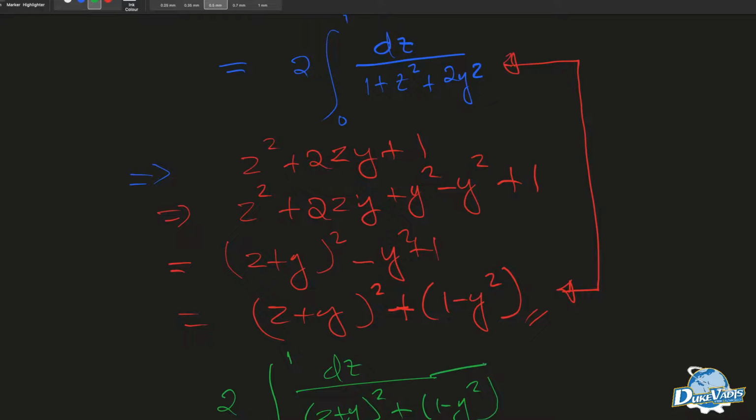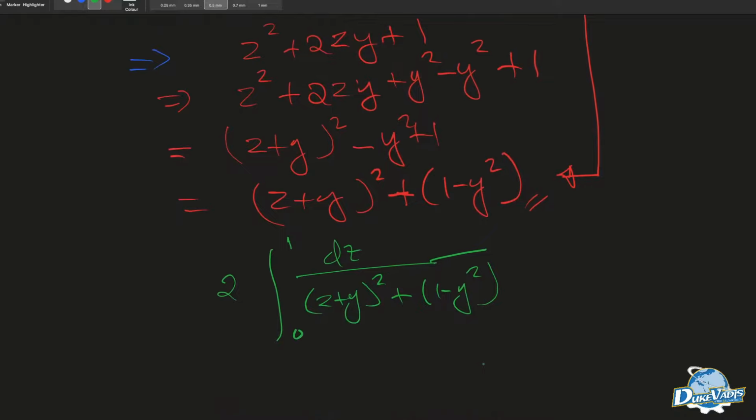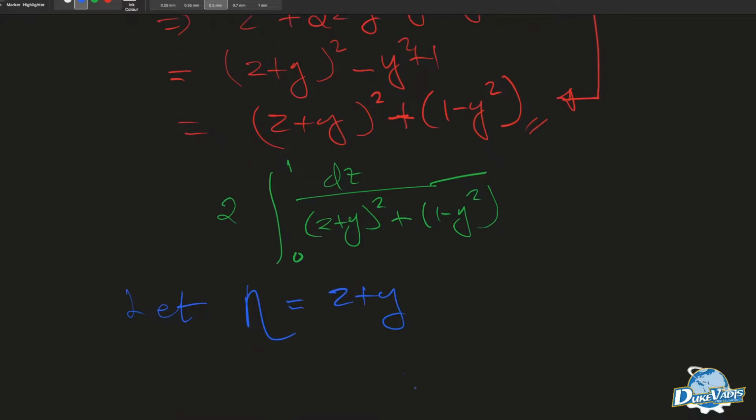But let's make some assumption that can help us to compute this. I think we can let xi be equal to z plus y that we have. If we say that, then dxi will be equal to dz. Okay?